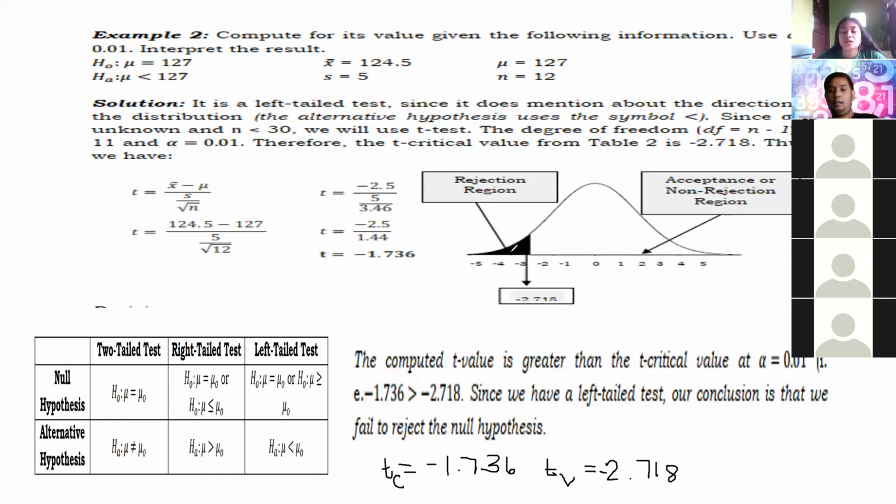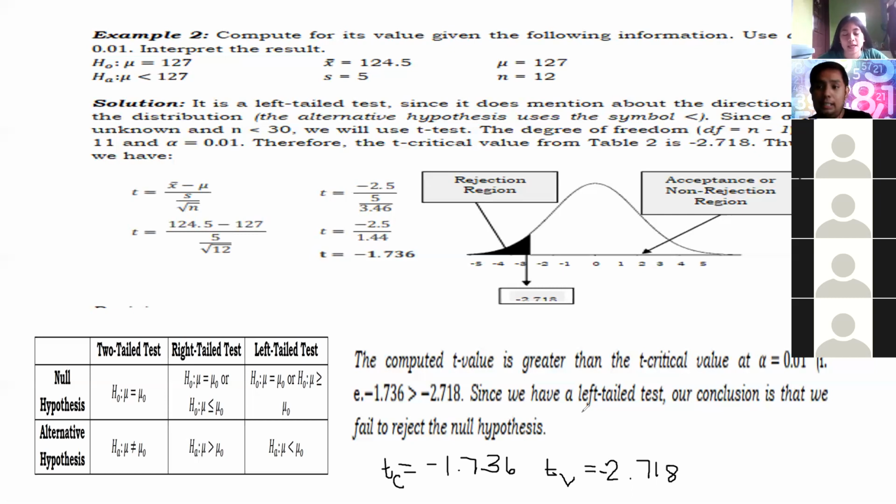Ito yung pinag-uusapan natin. So, mas malaki ngayon si computed value, which is negative 1.736. So, ibig sabihin, ang gagawin natin ngayon ay our conclusion is fail to reject the null hypothesis.